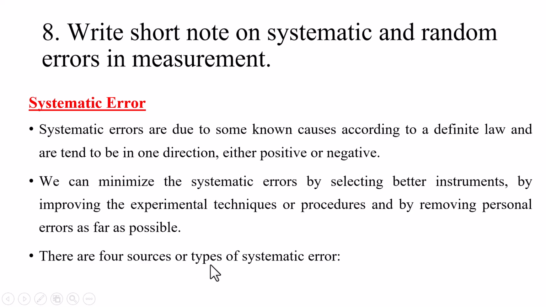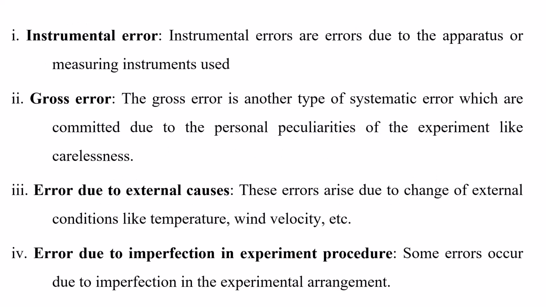There are four sources or types of systematic error. One is instrumental error, second is gross error, third is error due to external causes, fourth is error due to imperfections in experimental procedure.